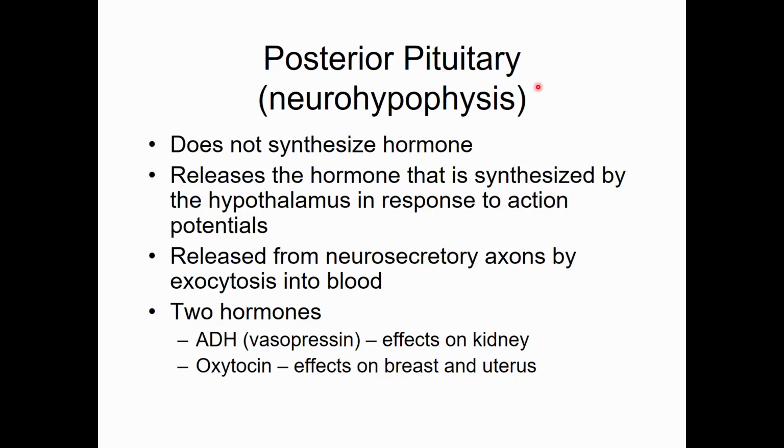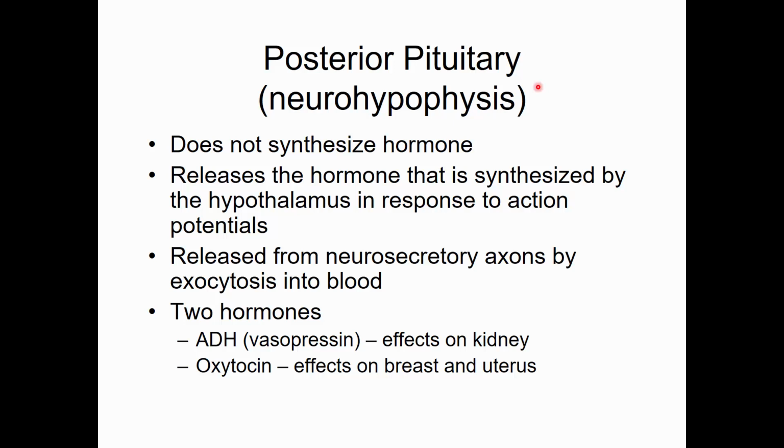And there are two hormones that are released in this fashion. One is called ADH, which when Dr. Katz tells you about the kidney, he may call vasopressin. Two different terms for the same hormone. It has effects on the kidney. And then oxytocin is the other hormone. It has effects on the breast for the milk letdown reflex, effects on the uterus for labor and delivery.